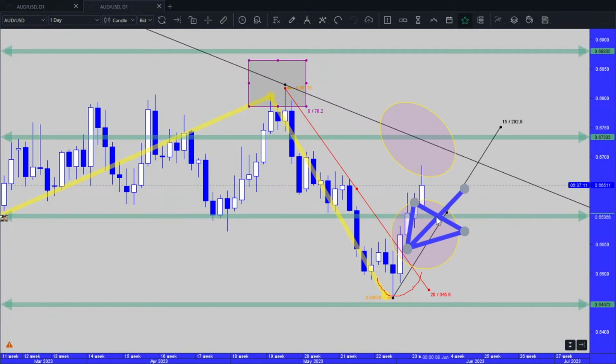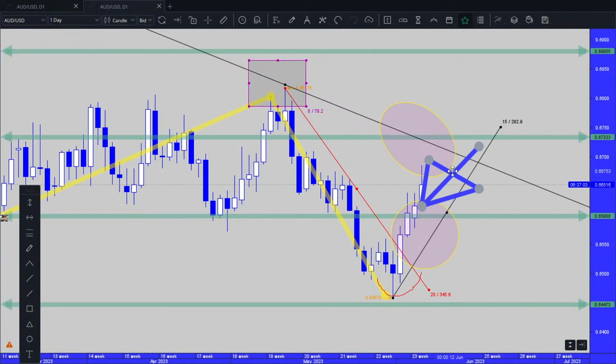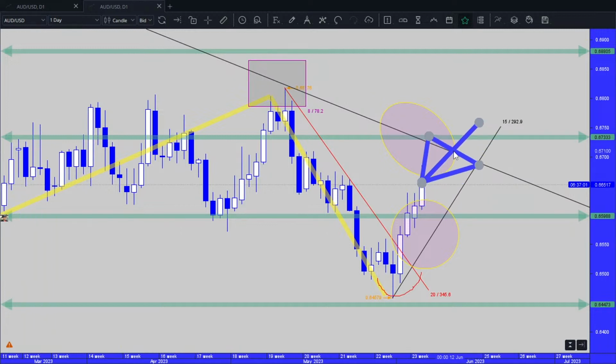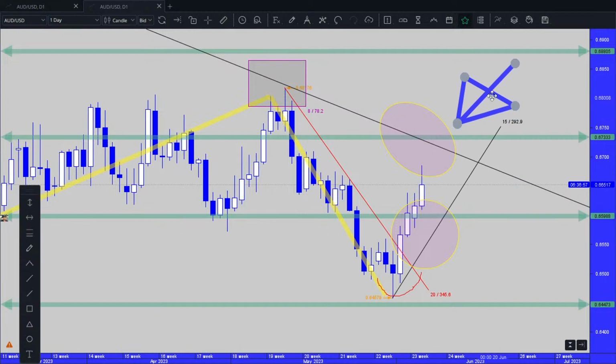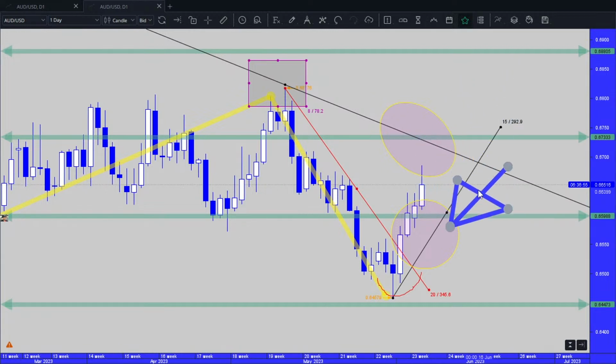You are late to the party to go long, but you are still going to buy because AUD/USD is going up. Or you are greedy, maybe FOMO, whatever, and you think, oh, this market is going to fall. So you are trading from what you think is going to happen.